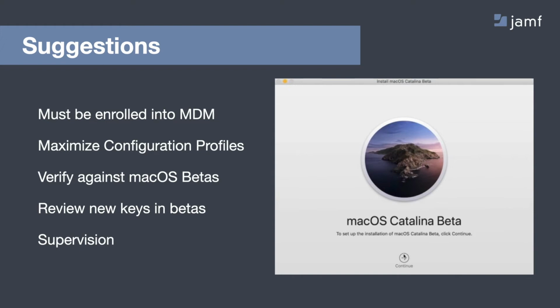And this supervision setting can only be set when you've enrolled your macOS device through Apple Business Manager or Apple School Manager. So it's almost necessary these days that you at least start the process of reviewing enrollment through Apple Business Manager or Apple School Manager.